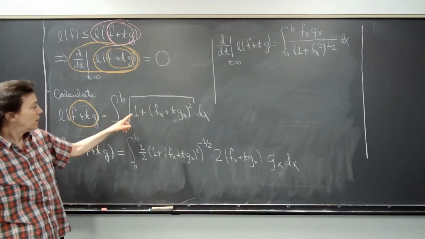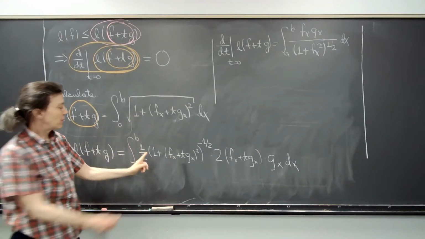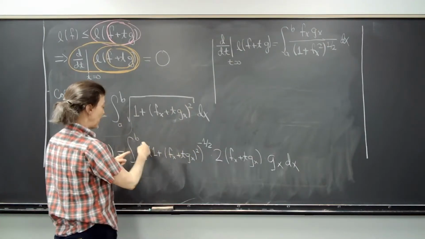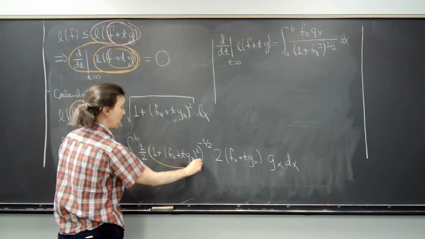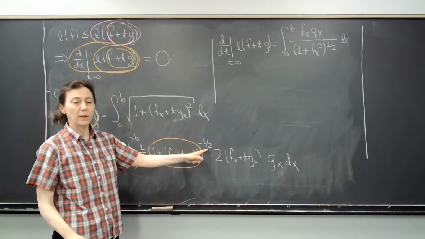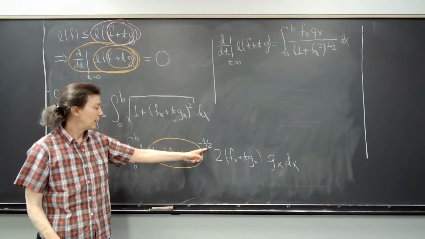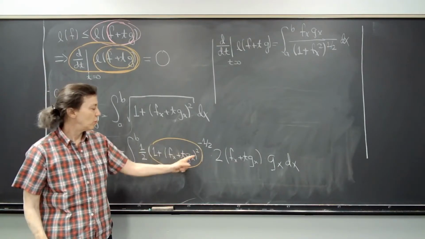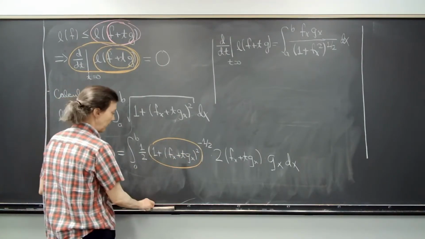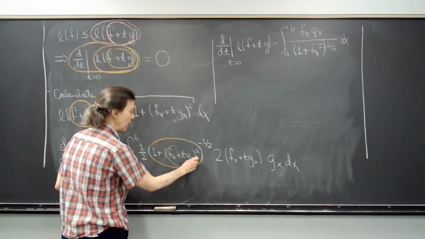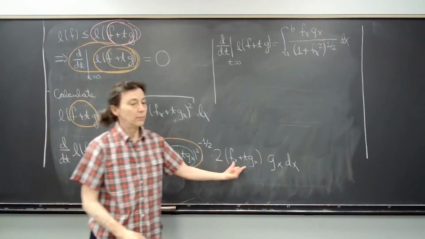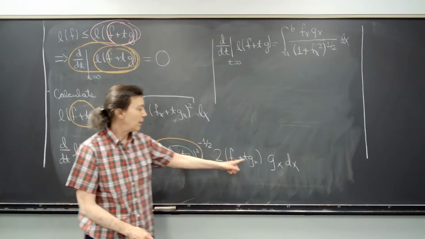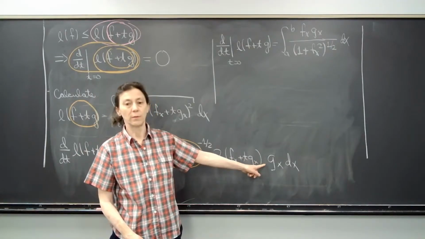So you have this whole quantity. This was raised to the 1/2, so the derivative is 1/2 this, all raised to the power minus 1/2. Now it's a chain rule problem, times the derivative of what's inside with respect to t. So I have 2 times this quantity, f'(x) plus t g'(x), right? Chain rule again, times the derivative of what's inside with respect to t. So I get this. Okay?